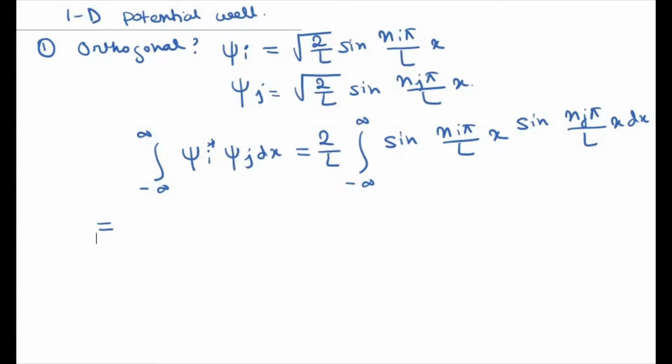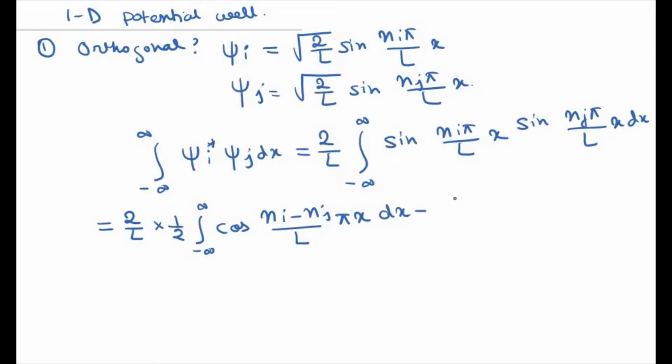So we have the multiplication of two sines, so this is equal to 2 by L into half, the integral from minus infinity to plus infinity of cos of (ni minus nj) by L pi x dx, minus, in the second bracket, the integral from minus infinity to plus infinity of cos of (ni plus nj) divided by L pi x dx.